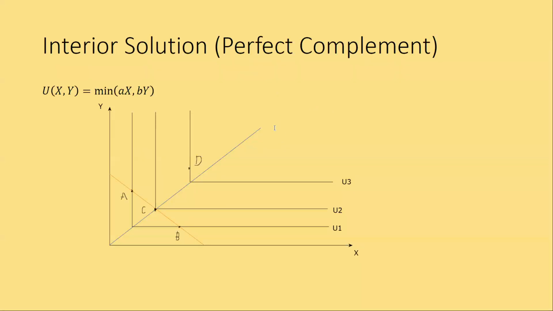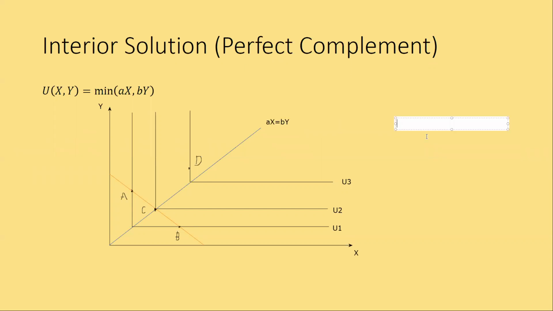And this blue line traces all the corner points of the indifference curves. What's special about those corner points is that at those corner points, AX and BY are equal, or what's in the parentheses of our minimum operation are equal. So this blue line is actually represented by AX equals BY.